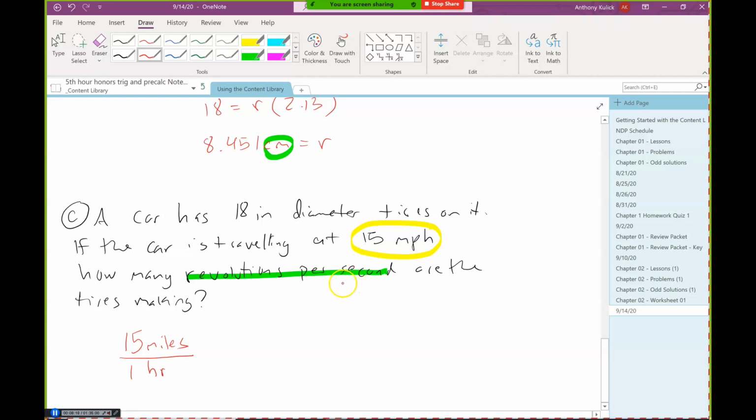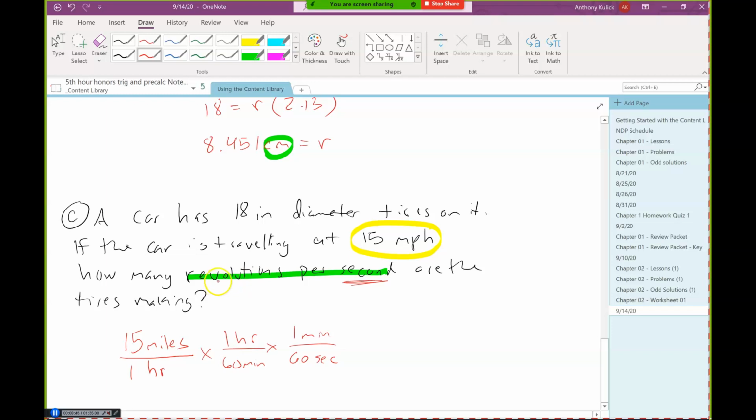One thing I want to do is convert my hours into seconds, right? So I know that 1 hour is 60 minutes, and 1 minute is 60 seconds. Everybody okay there?